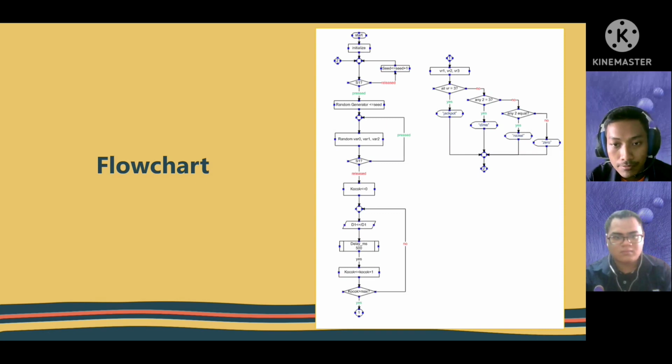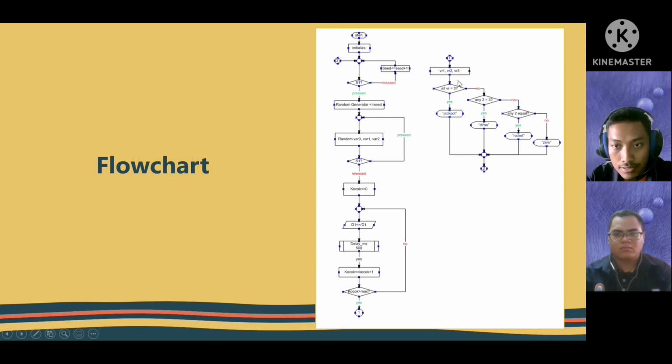Then we must initialize the condition first, with the counter less than or equal to 0. Delay for 500 milliseconds. Then the condition will update until it reaches the max. If yes, it will go to the right side.